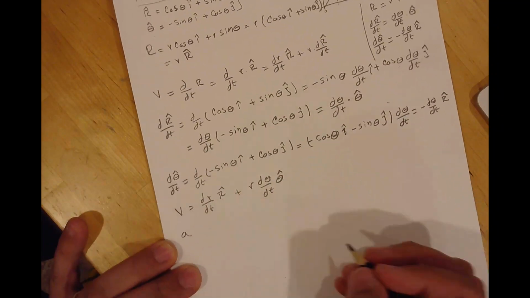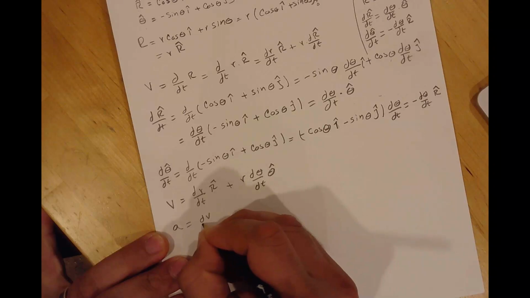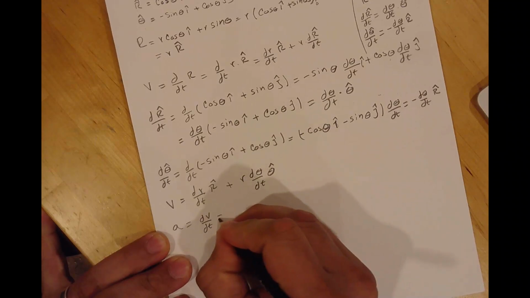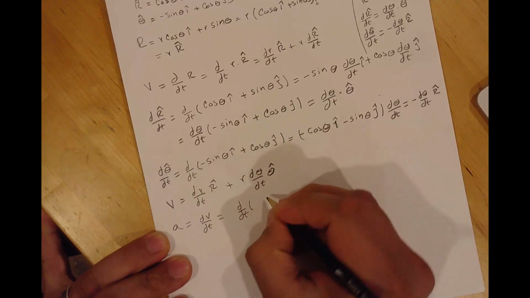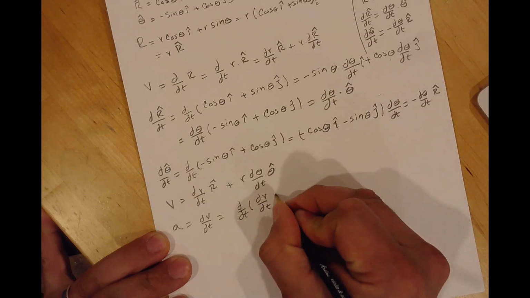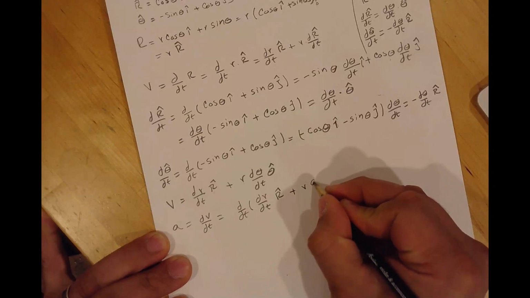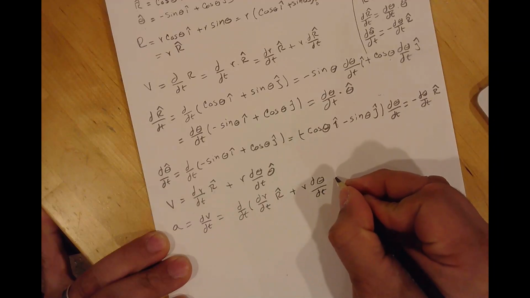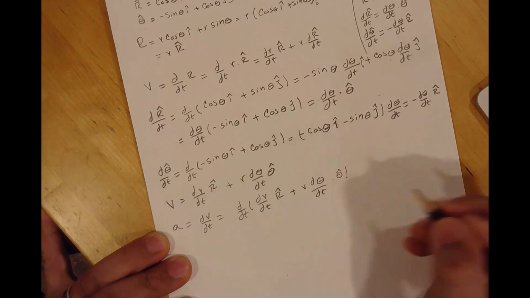Now let's continue with the acceleration. The acceleration will be the derivative of the velocity vector with respect to t, which means taking the derivative with respect to t of the derivative of r with respect to t times the unit vector r, plus r times the derivative of theta with respect to t times the unit vector theta.